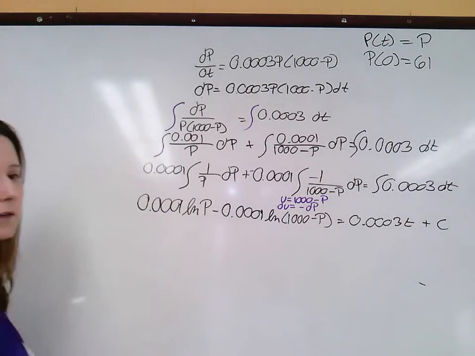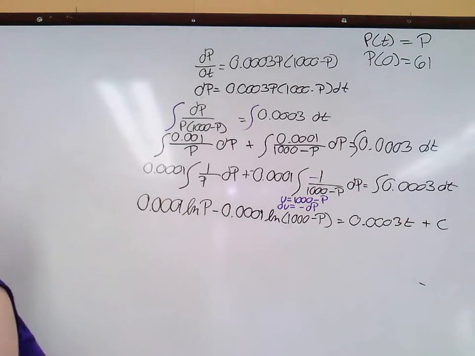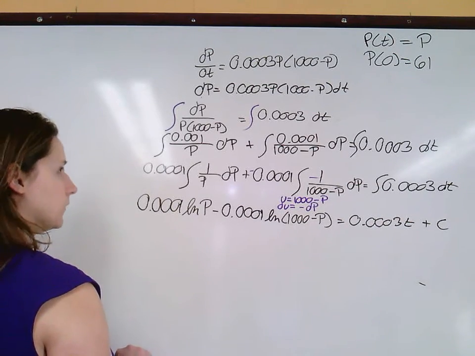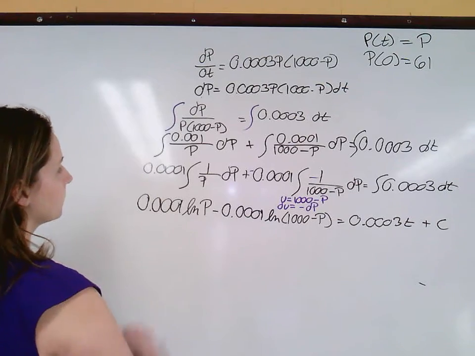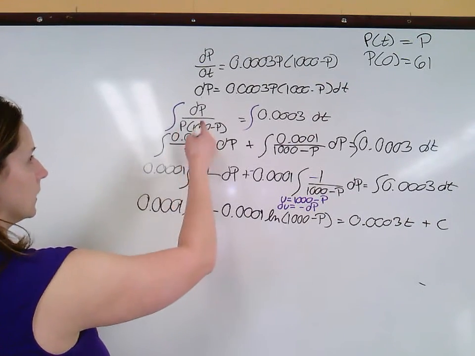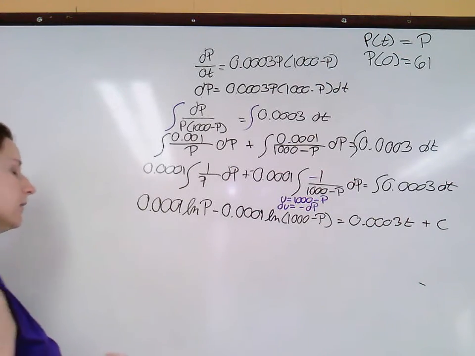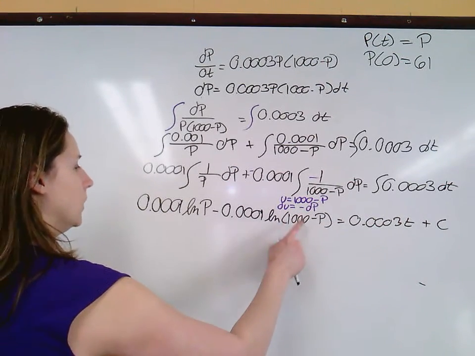Okay, now this is going to seem weird, but you need to do this, okay? It might work differently if you start with one, like switch these, like 1,000 minus p and p. You can try it, see what you get. But we need this to be on top.